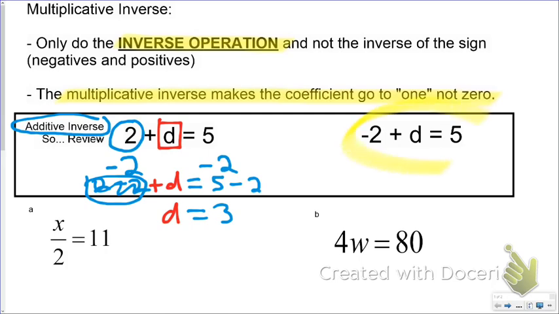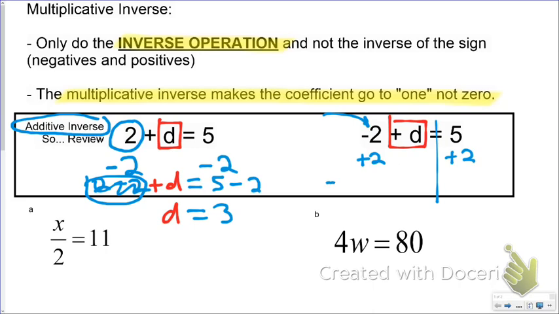On the right side, we have another example. Notice how in this case, I'm trying to get rid of a negative 2. I still want to get d alone, so same process. And to get rid of a negative 2, I do a positive 2. So I put a plus 2 on one side. Whatever I do to one side of the equation, I have to do the same thing to the other, so I put a plus 2 on that side.